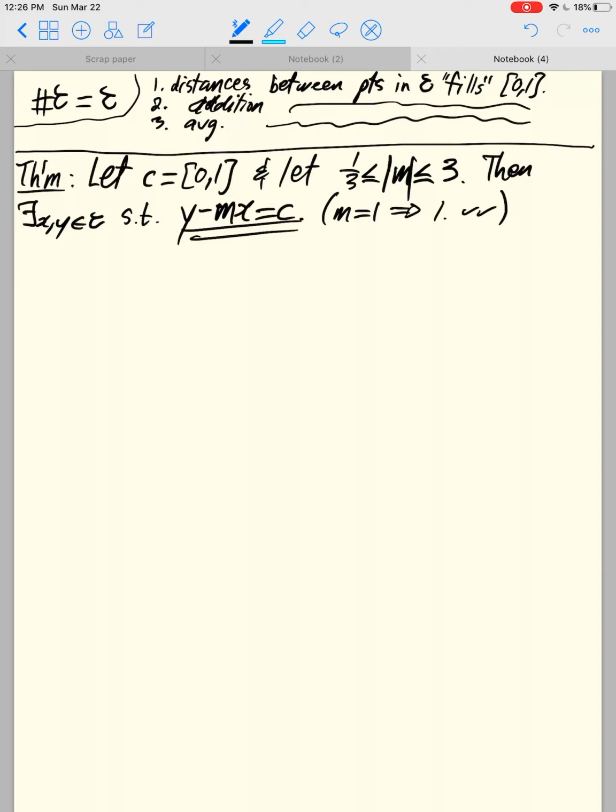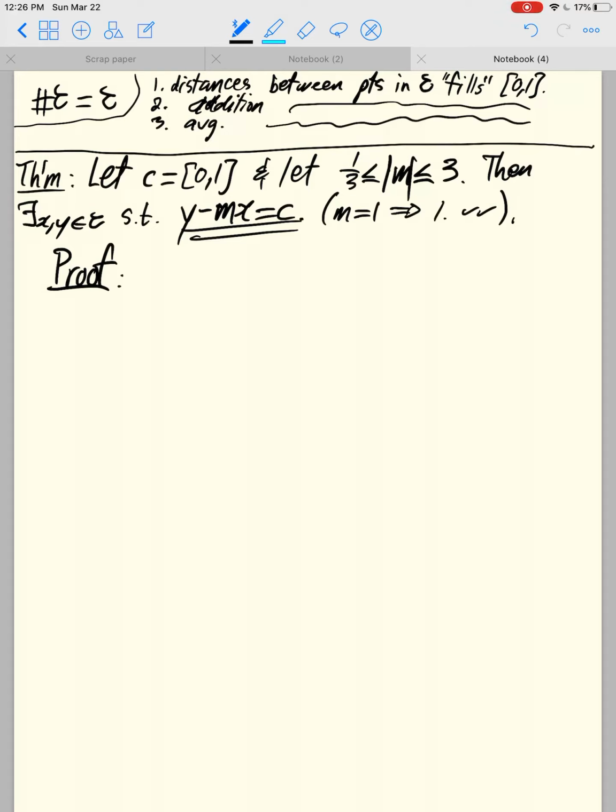So the distances between some points in the Cantor set equal a given c in 0, 1, so we can fill up the whole unit interval in that way. We'll come back to this later, but for now, let's prove this theorem.